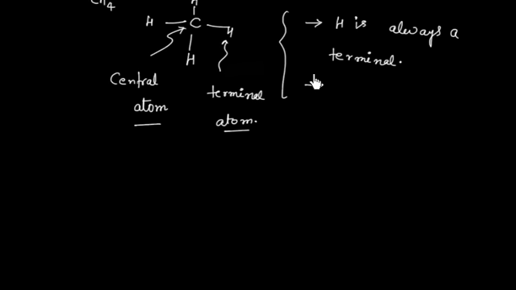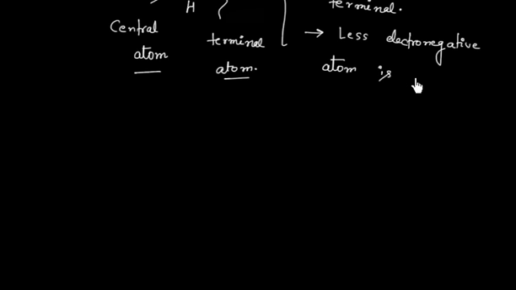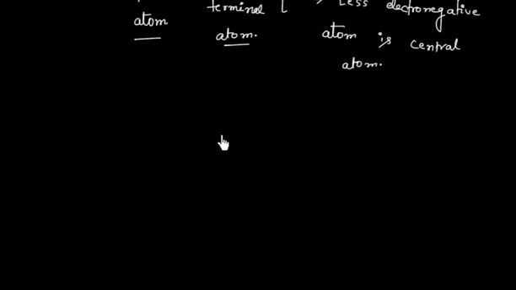Now if I have two atoms, generally the more electronegative atom is put on the terminal and the less electronegative atom is put in the center. So the less electronegative atom is generally treated as the central atom. Let us say if I have a CO2 molecule and I want to write a skeleton: carbon is less electronegative than oxygen.